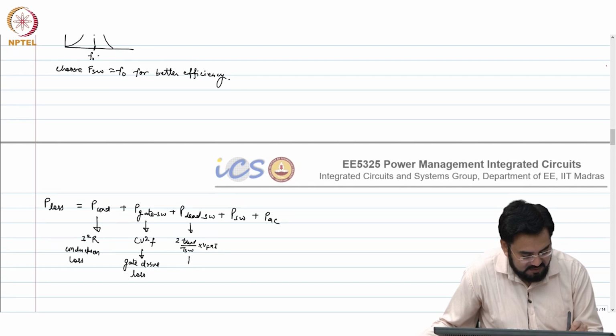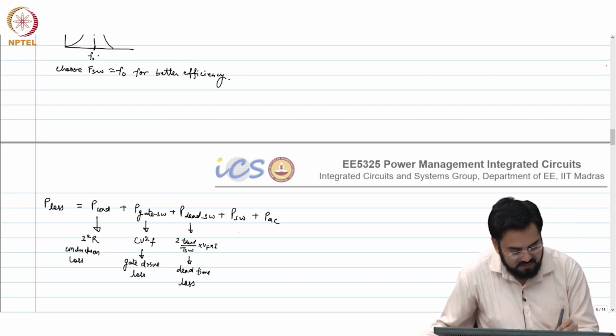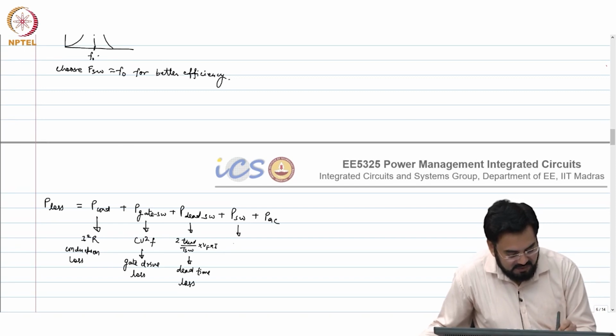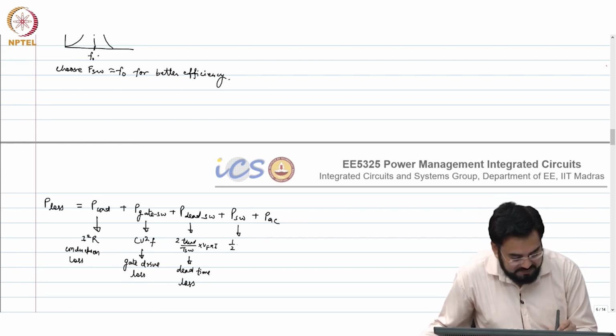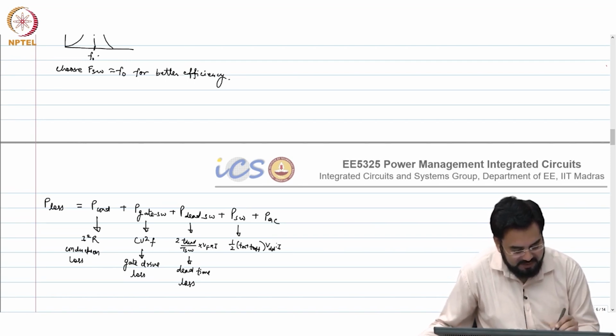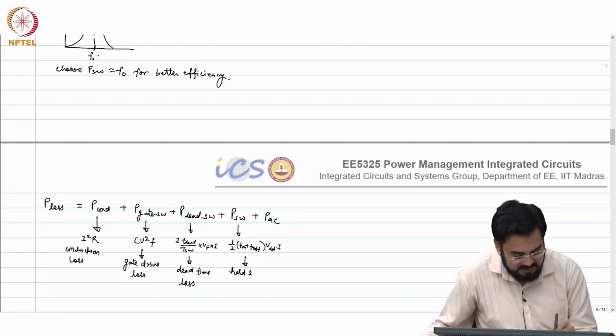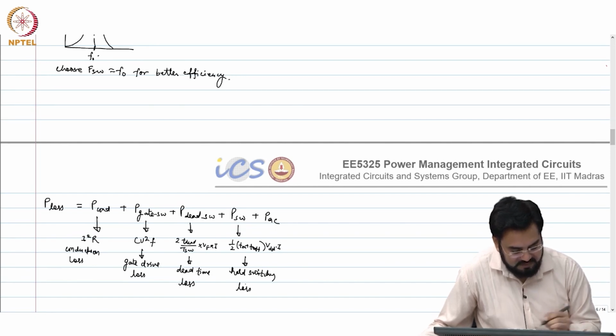This is your dead time loss. This was your half of T on plus T off, V dd into I. Okay. Hard switching loss.